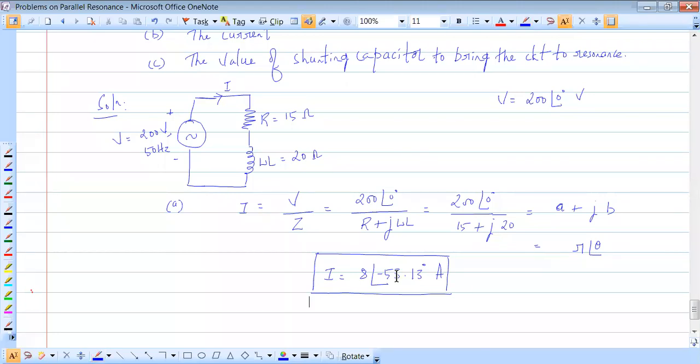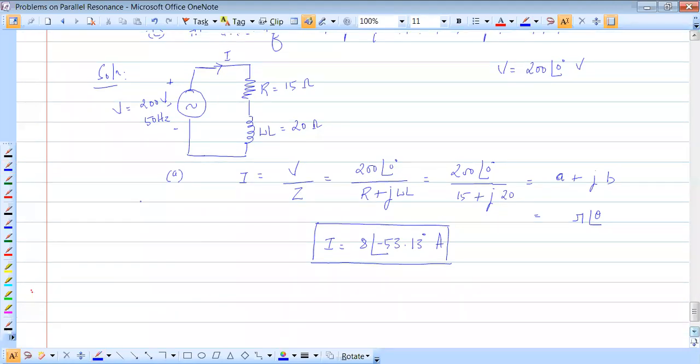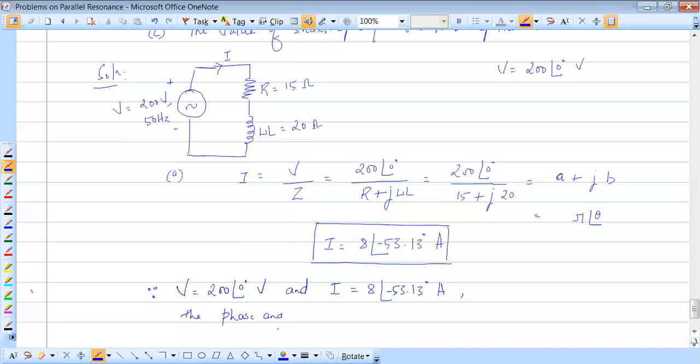So since V is 200 at an angle 0 degree volts, and I is 8 at an angle minus 53.13 degree amps, the phase angle between V and I is 53.13 degrees. So this is the phase angle.